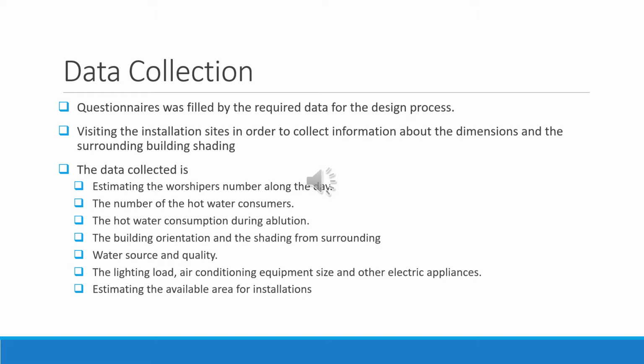The data was about the number of hot water consumers and worshippers, the hot water consumption during ablution, the building orientation and the shading from surrounding buildings, the water source and its quality, the lighting loads, the air conditioning loads, and the estimate of available area for the installations, which is normally on the top of the building, on the roof.